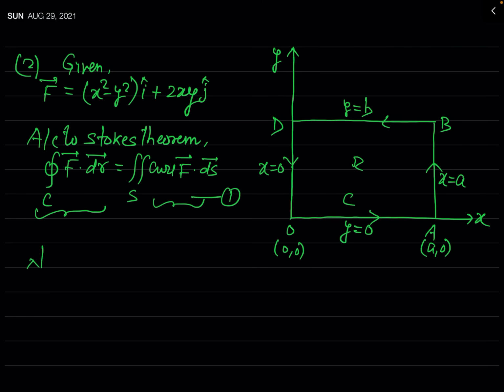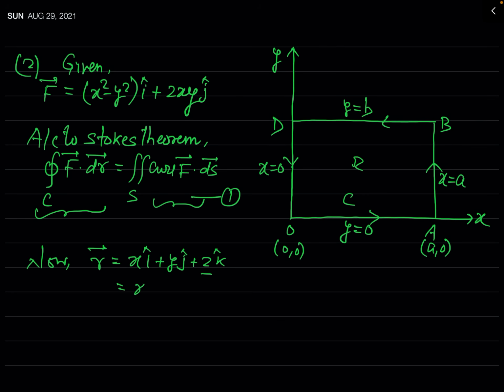Now you know r is equal to xi plus yj plus zk. But since our surface is lying in xy plane, you can take z equal to 0.